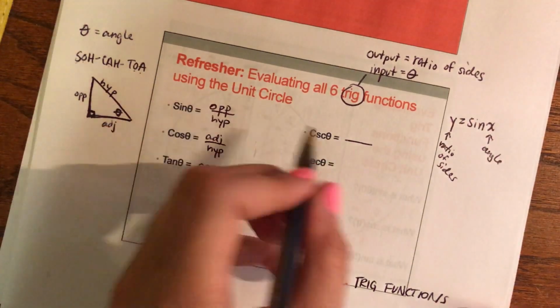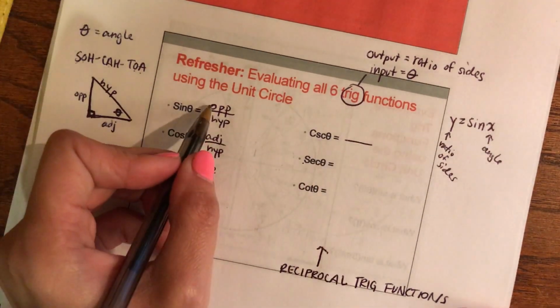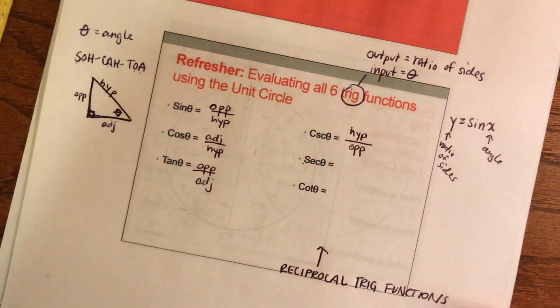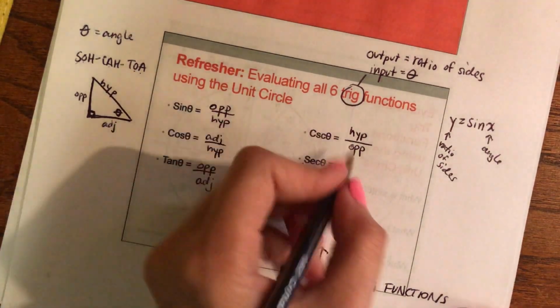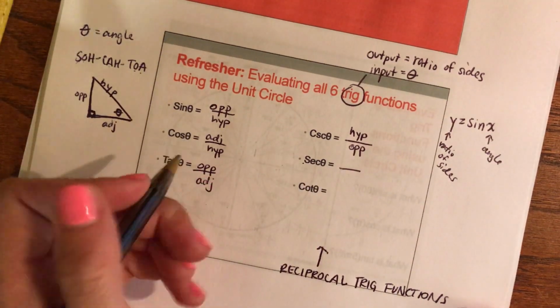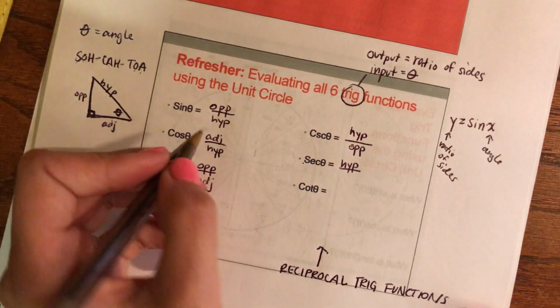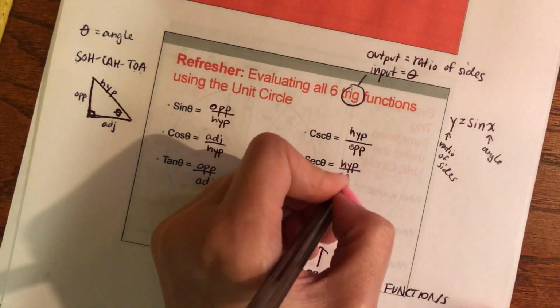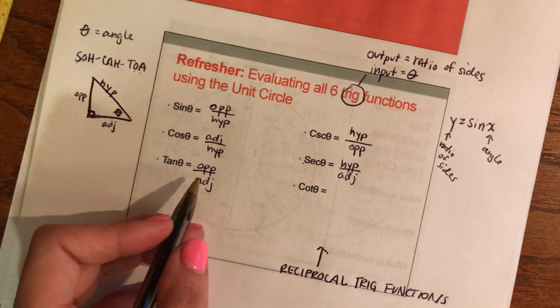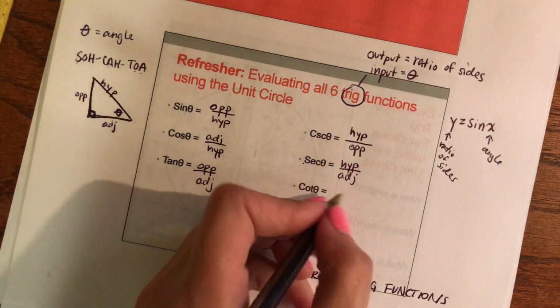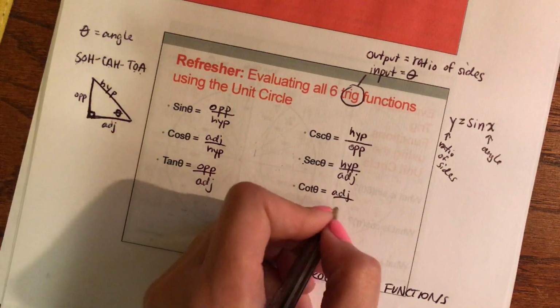Instead of being opposite over hypotenuse, it's hypotenuse over the opposite side. Secant of theta is paired with cosine. Instead of being adjacent over hypotenuse, it's hypotenuse divided by adjacent. And the last one, cotangent, is paired with tan, and it is adjacent divided by opposite.